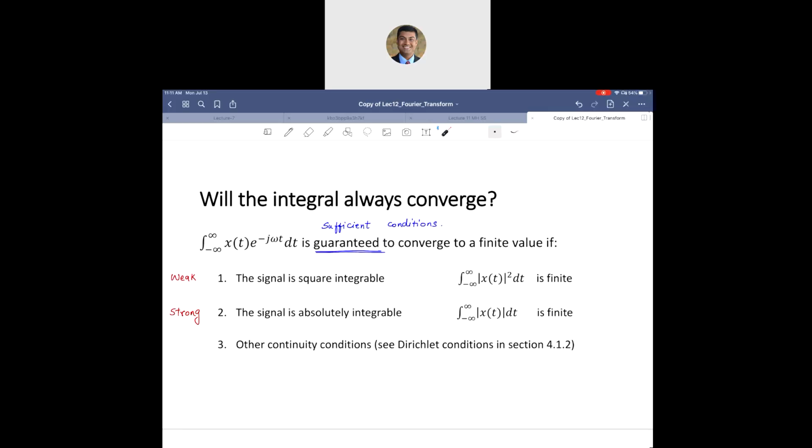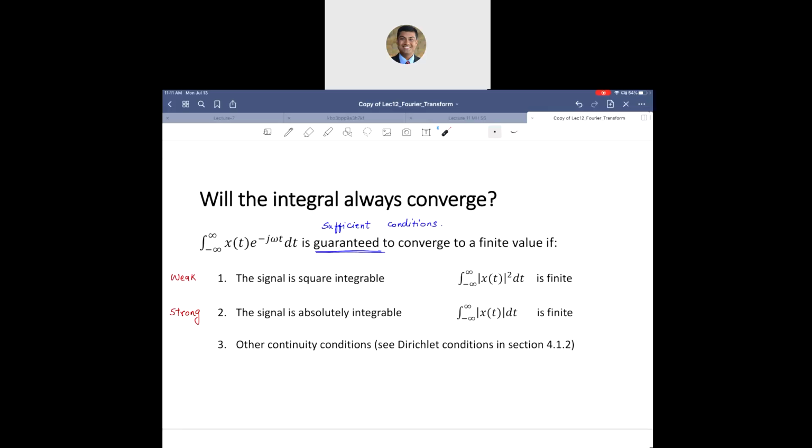So before you jump into finding the Fourier transform of the signal, it is useful to check number 2. Find the absolute value of the signal. What does that mean? It means flip all the negative sides to the positive sides, similar to what a full wave rectifier does for you.